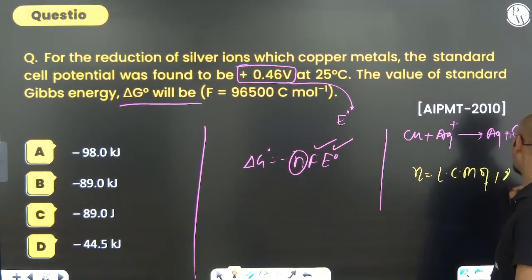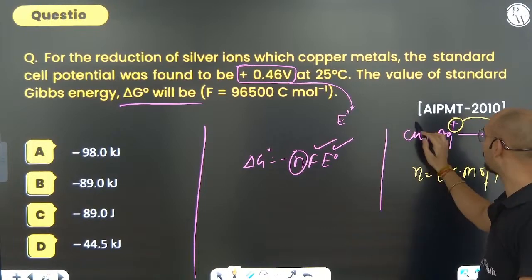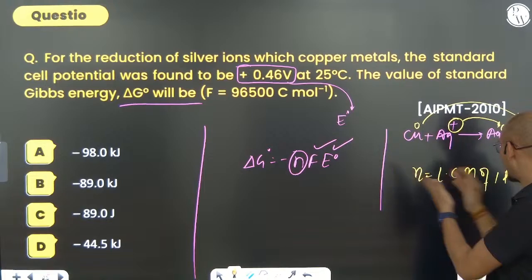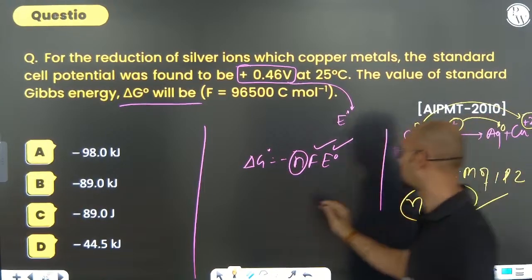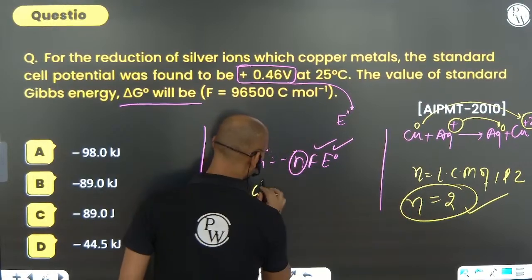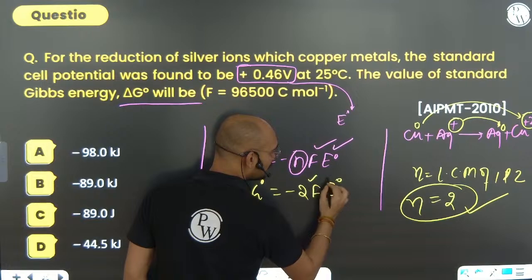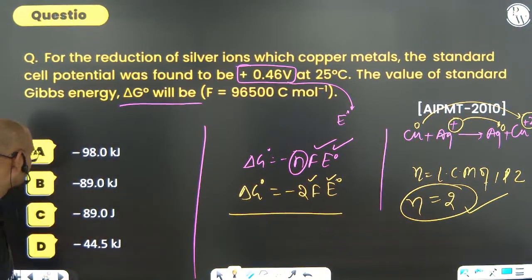Why 1? Because Ag is changing from 1 to 0. The change is 1. While for copper it is going from 0 to plus 2. The change is 2. So the LCM of 1 and 2 is 2. So n ki value is 2. So delta G naught equals minus 2 into F into E naught. Put the value of F, put the value of E naught, you will get some value. Not a big deal, easy, right?